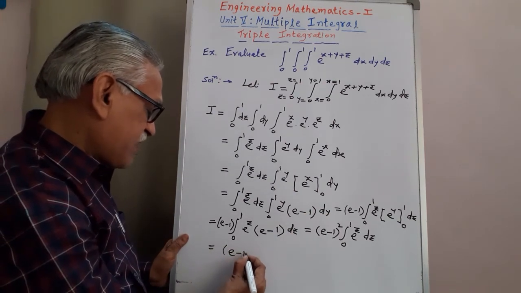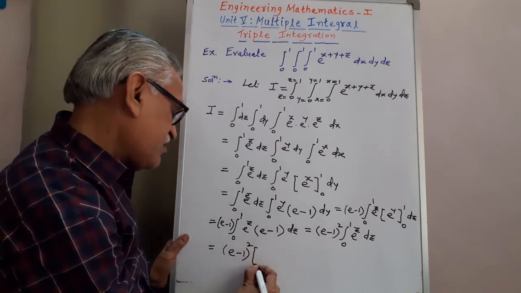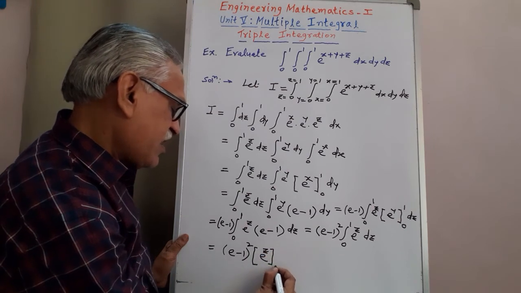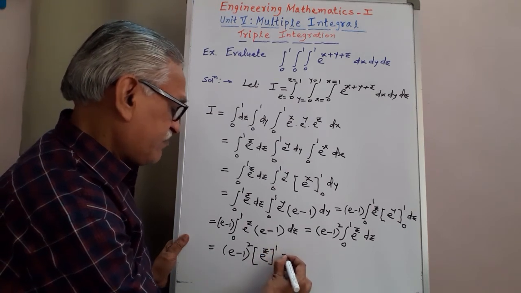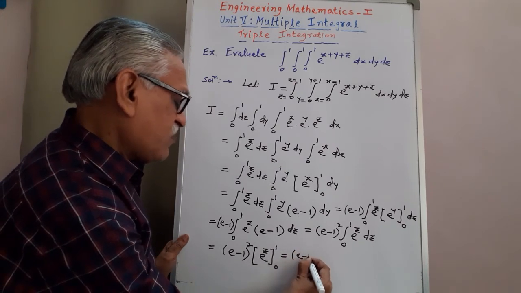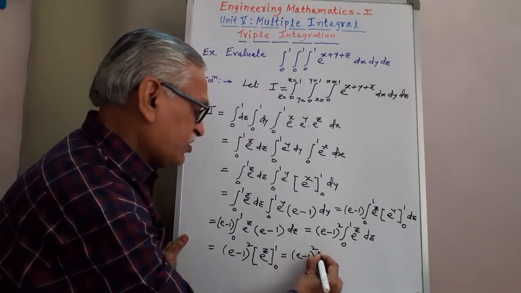Therefore it is equal to e minus 1 bracket square, integration of e raised to z is e raised to z with respect to z, and limit from 0 to 1. It becomes e minus 1 bracket square, substituting the upper and lower limit for z.